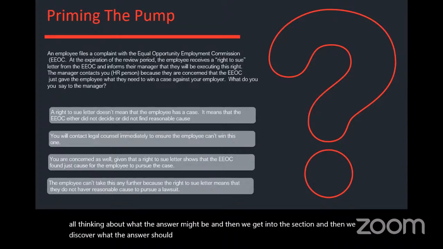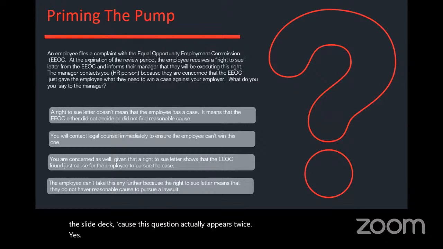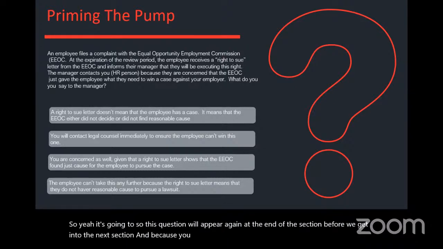And then we rediscover this question again later on in the slide deck, because this question actually appears twice. So this question will appear again at the end of the section before we get into the next section, because you all get me twice. So you get me today, and then we will meet again on Thursday. So Chris is out of the office this week.